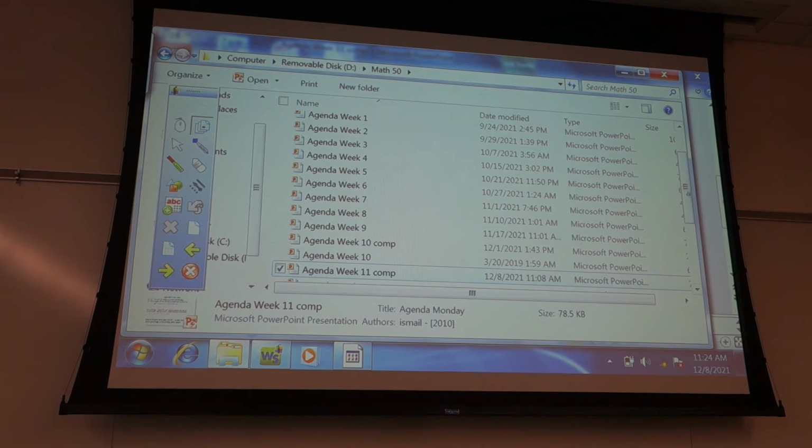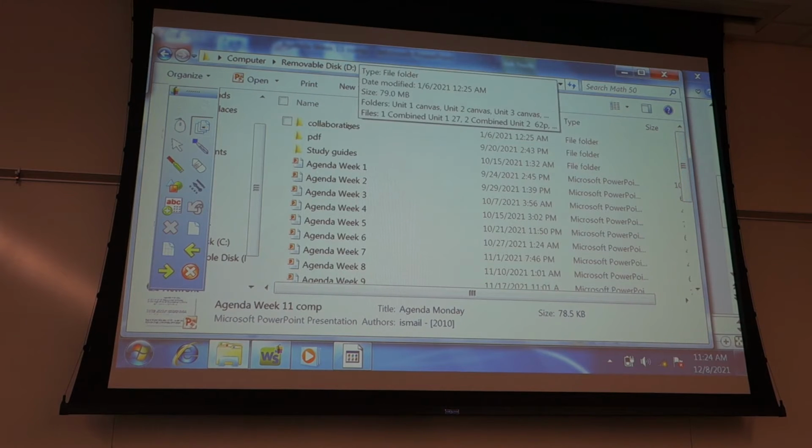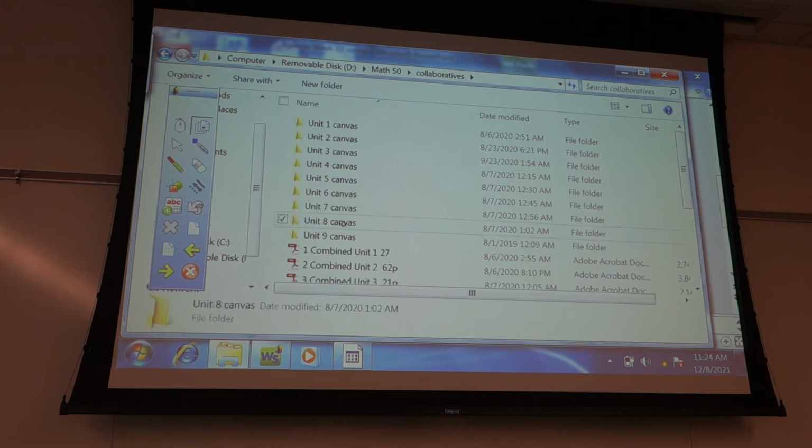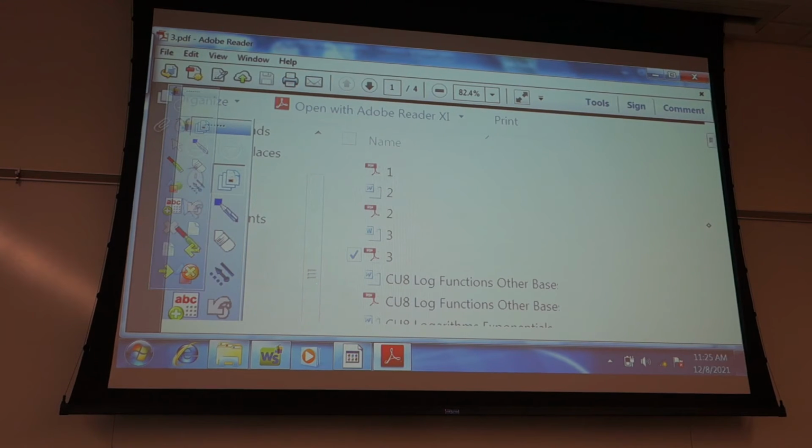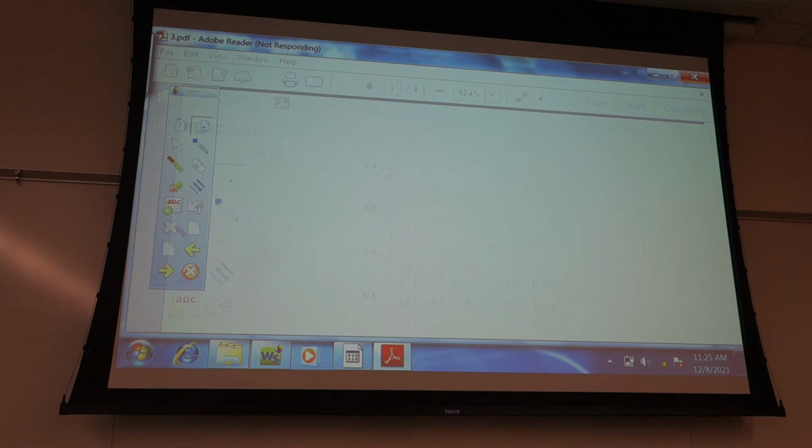So we're going to work on collaboratives, unit 8. We're on this one. So bust out, oops. A little bit touchy today. Not touchy every day, it feels like. Not responding. You're not responding, right?